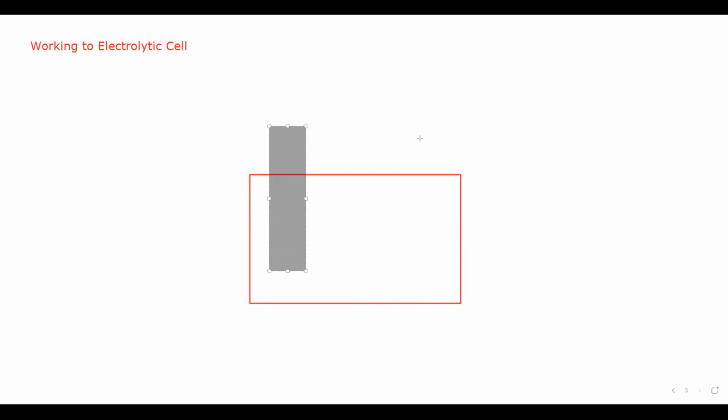So for an electrolytic cell, first thing is the labels. For example, this is a beaker, and inside the beaker you have two plates.